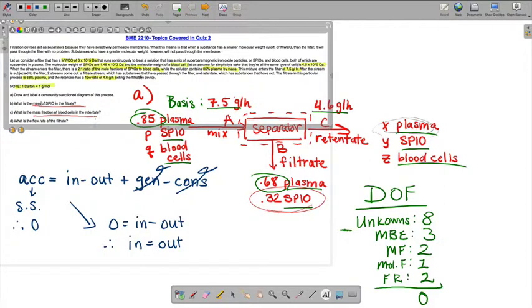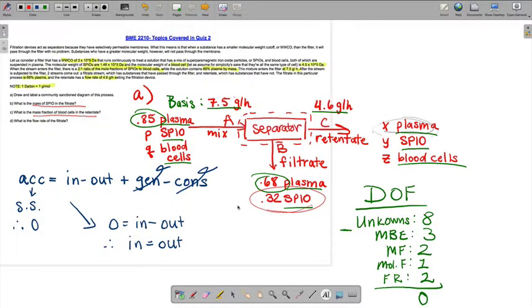So let's just say, what is the mass of SPIO in the filtrate? Then what we're solving for right there is simply 0.32b. Oh, sorry. I didn't even know you could do that. So our answer for part B will be 0.32b.